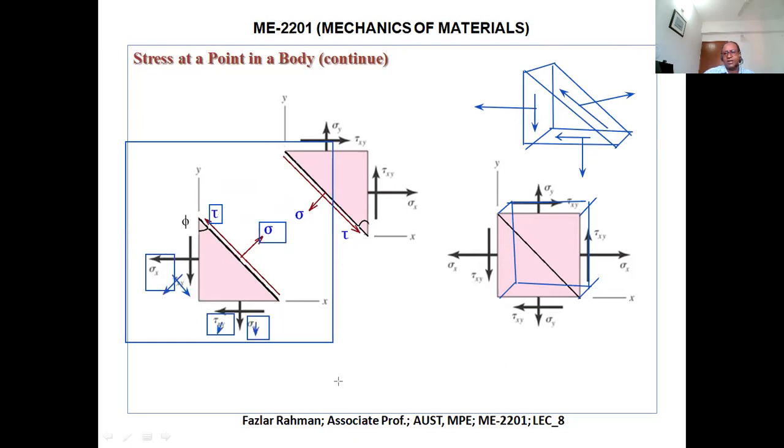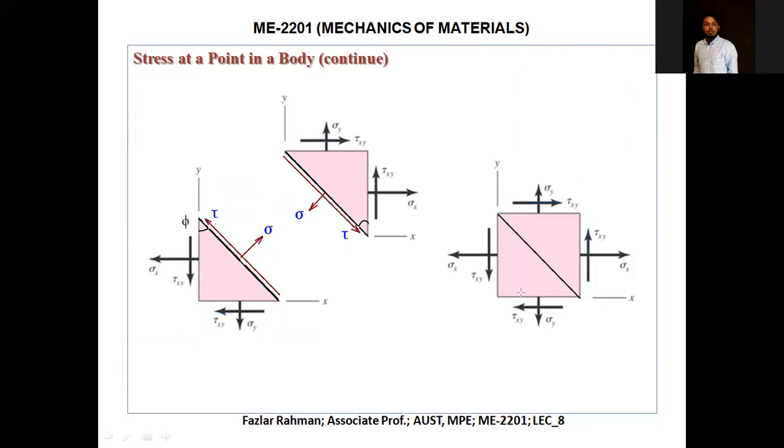how can I figure out this tau and sigma? Anyone? What is your ID? Sir, 135. Anyone could tell me how we can figure it out? By taking components. Which component? How?